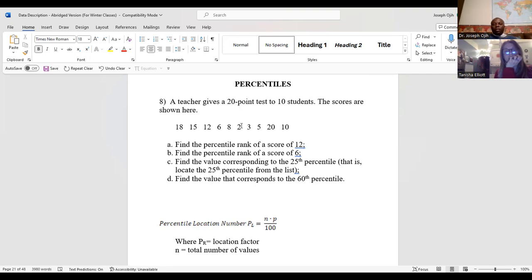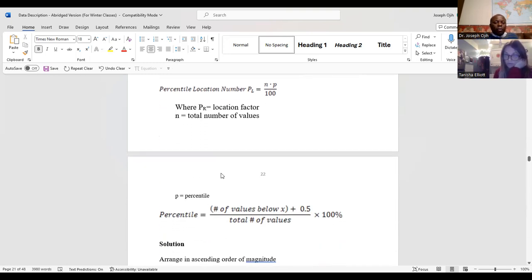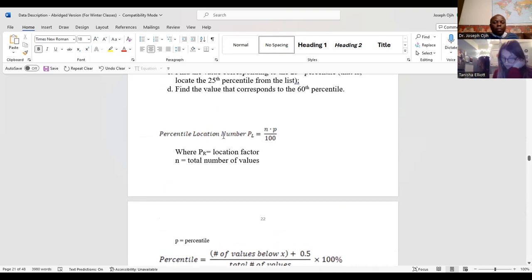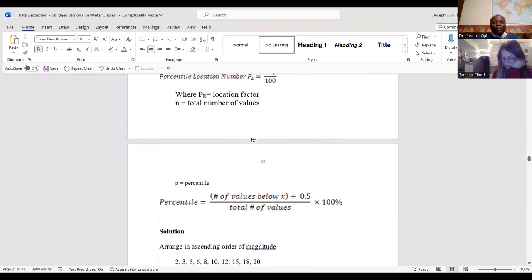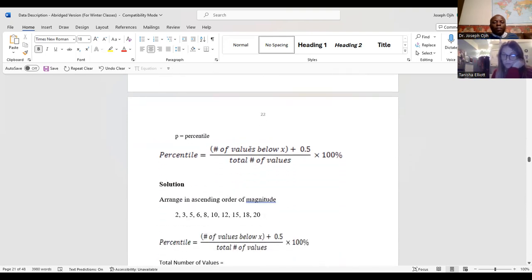Now let's do this. The first thing you do is arrange them in order from the smallest to the largest. There are two formulas we use for percentile. One is used for finding the location of the percentile. The other one is for finding the percentile rank.